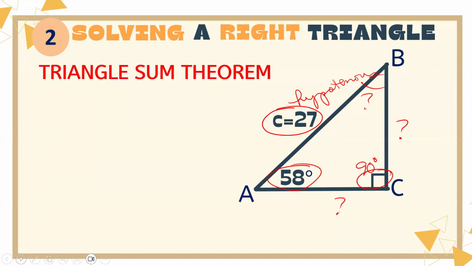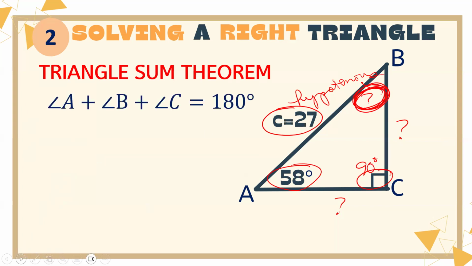Okay, so to solve that, we first solve for the measure of the third angle using the triangle sum theorem. So using the triangle sum theorem, that's angle A, which is 58 degrees here. Angle B is unknown. This is what we will solve. Okay, and angle C is simply 90 degrees right here.